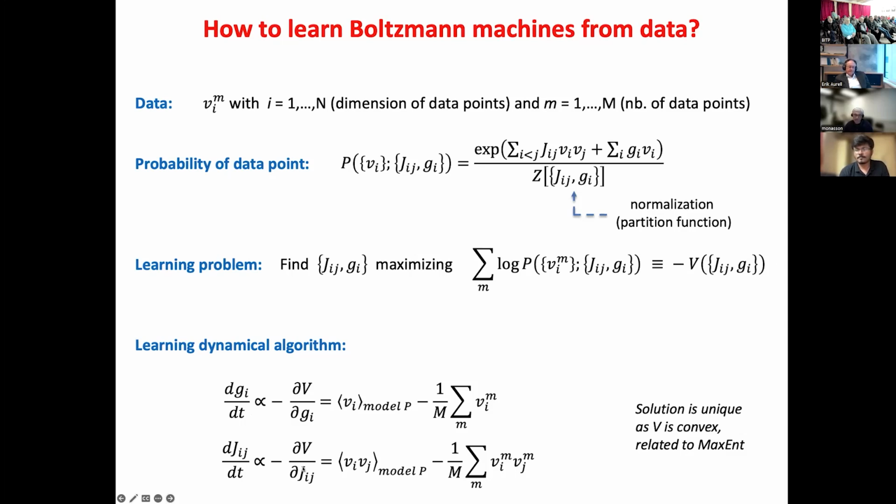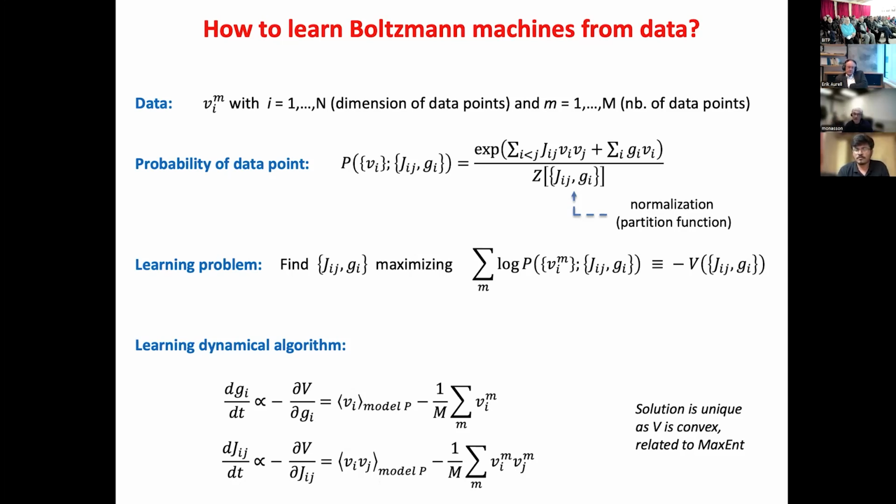And if you compute explicitly this gradient, then there is a nice interpretation. Actually, the gradient with respect to one parameter, for instance, the Jij, is going to be the difference between the correlation function between vi, vj computed with the model, so with that distribution, and the value of this correlation in the data. So essentially, when you have reached the minimum of this function V, of the effective energy, that means the moments in the data and in the model match, and this is called the moment matching condition.